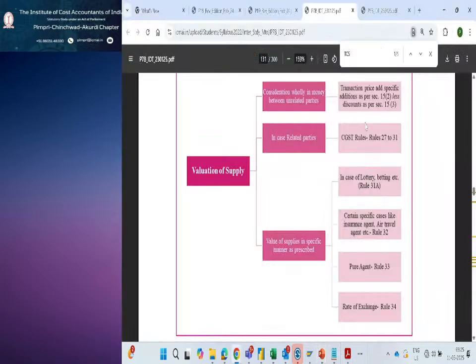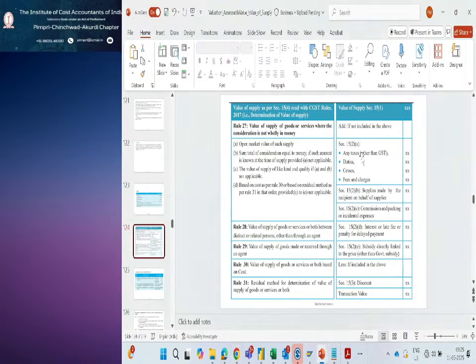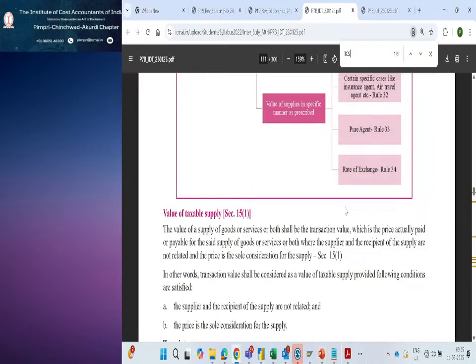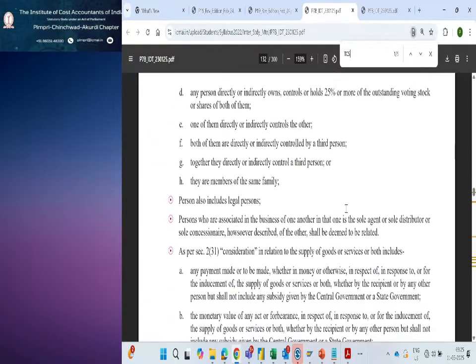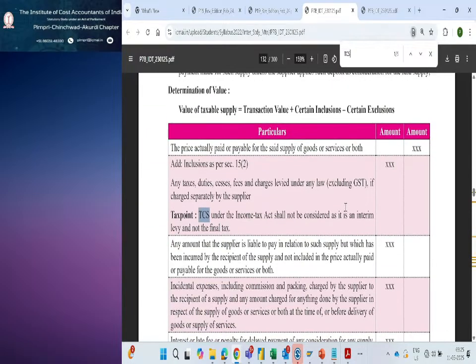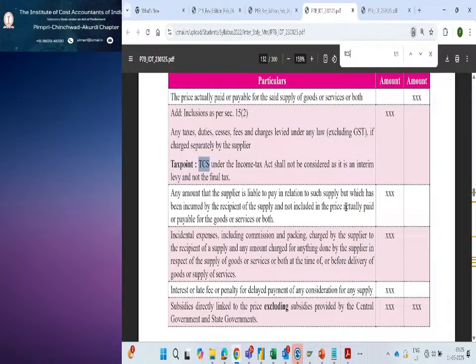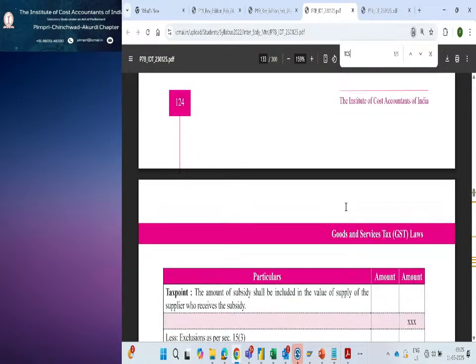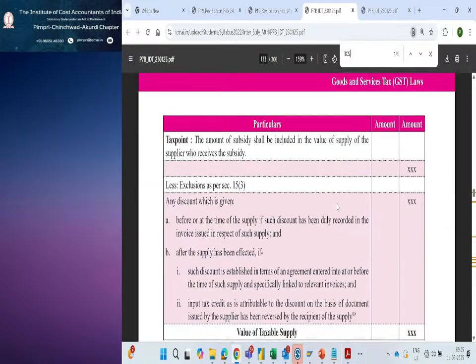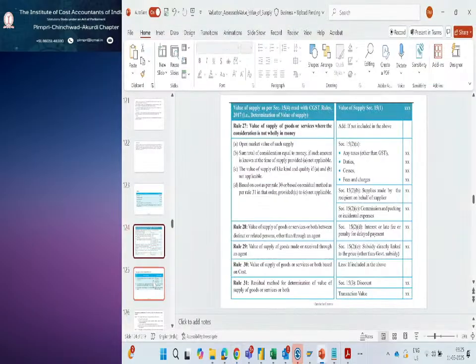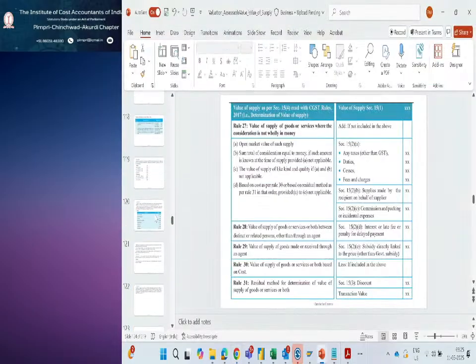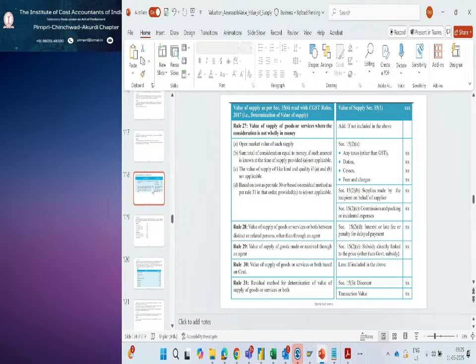We have seen almost all those transactions, like taxes, supplies, commission and packaging, subsidy and everything, in the previous class. Now there is one additional point related to TCS. What is the effect we need to give for TCS? I will show with an example how it needs to be presented.